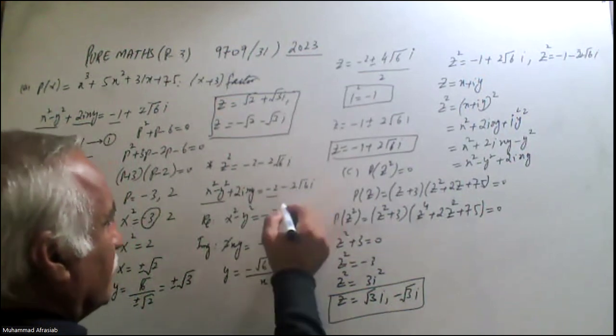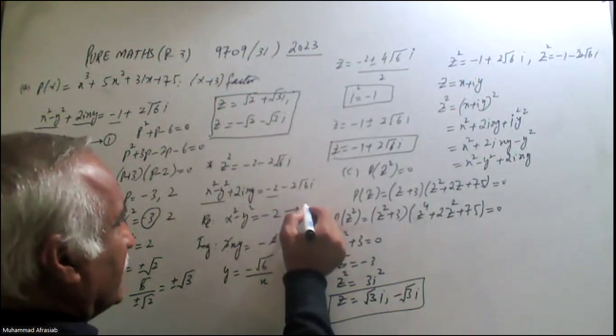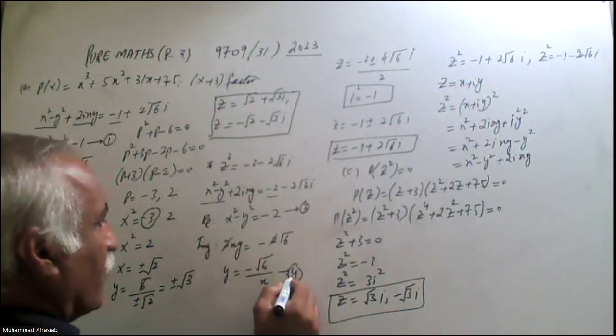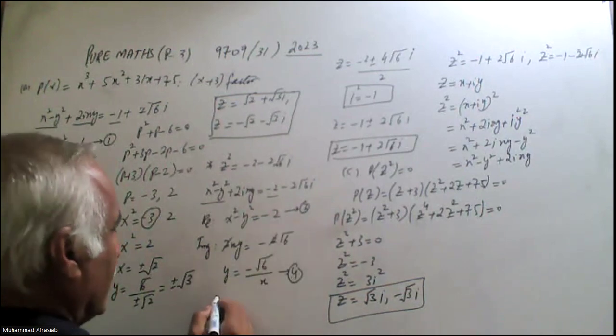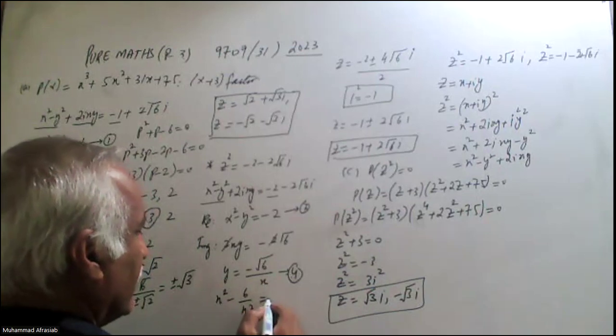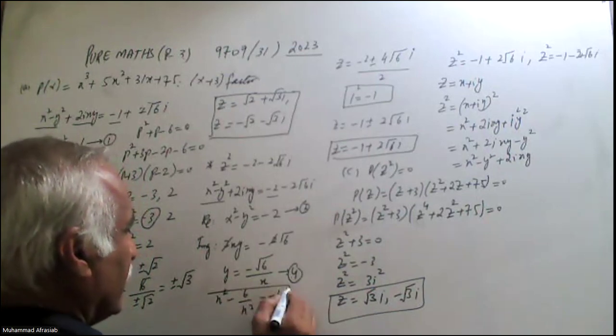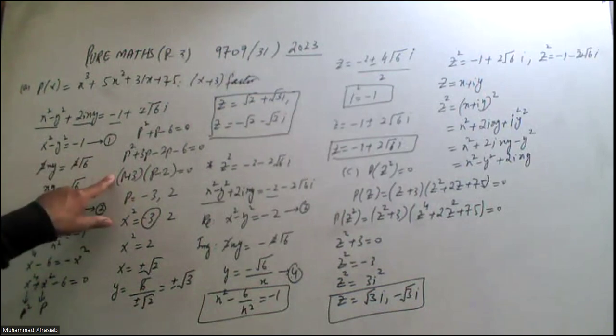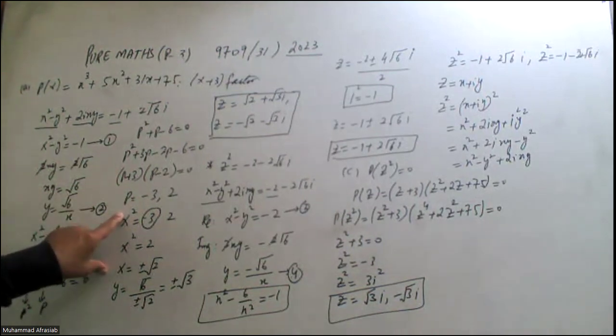So let's say it is 3, it is 4. Now put 4 into 3. It should be equal to x square minus 6 over x square equal to minus 1, which is the same equation we got in the previous part there. So x square values are -3 and 2, but -3 will not be accepted because x is the real part.